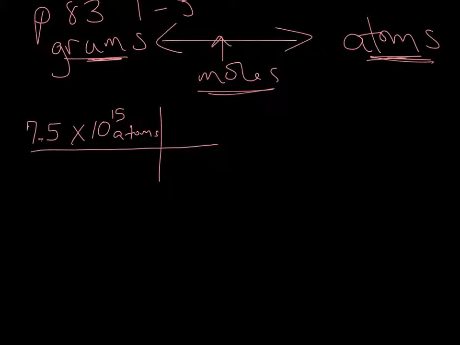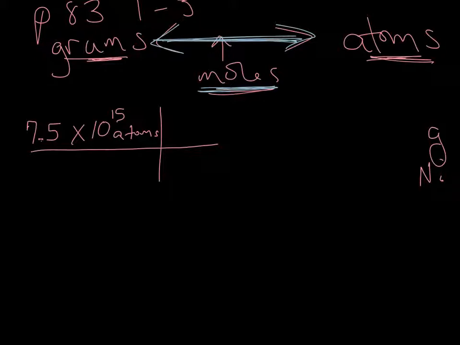Okay, so as you can see, I went grams to atoms. It could go either direction here. But either way, we have to have this stopping point of moles. So I'm starting with atoms, and then I'm trying to find mass, which is grams, and it's nickel, which is important.